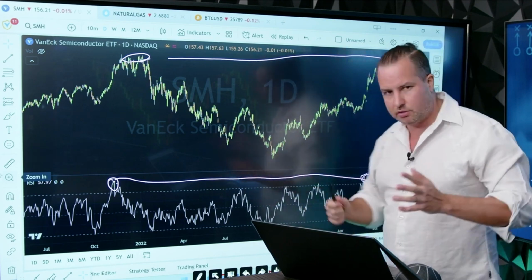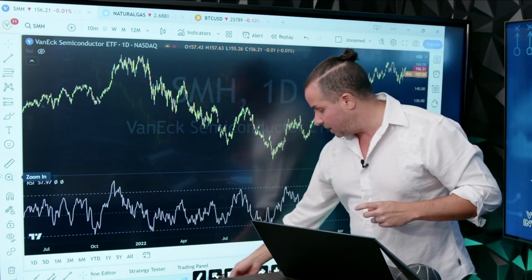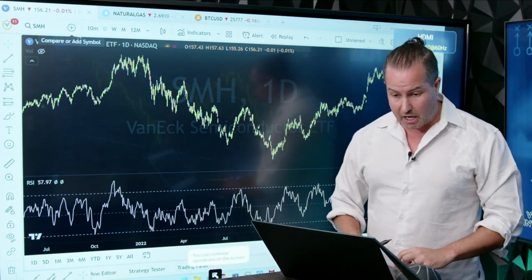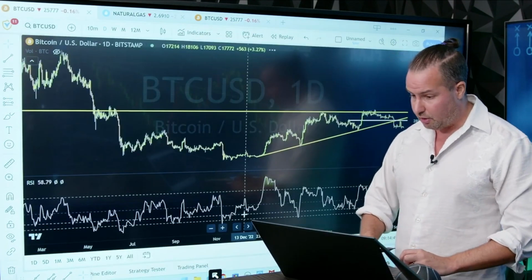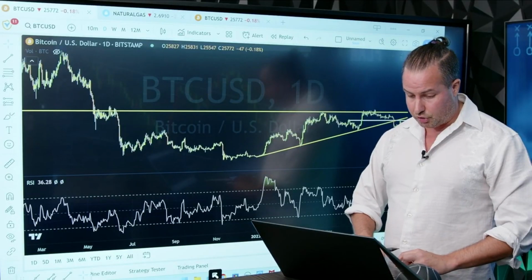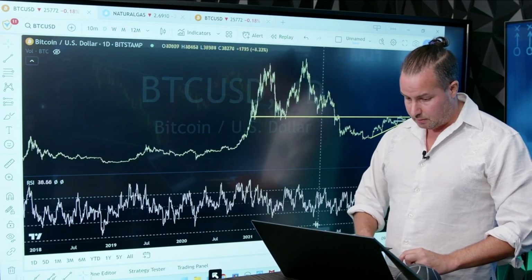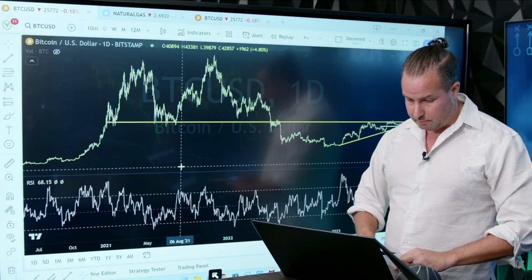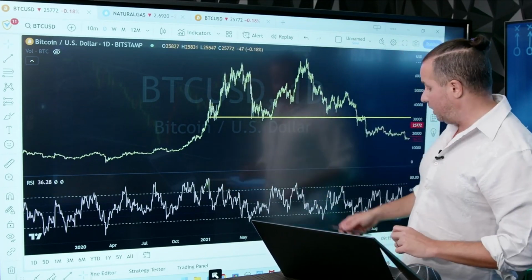Okay, so you say, okay, well, it's a negative divergence. Where do we connect the dots with the Bitcoin chart when the cycle made its high? Let's bring up BTC. Let's see what we got on BTC here. All right, so on BTC, if we zoom out on this chart and go to a bigger time frame, and bear with me as I try to zoom in as much as I can on this high pivot. All right, so here we have Bitcoin.